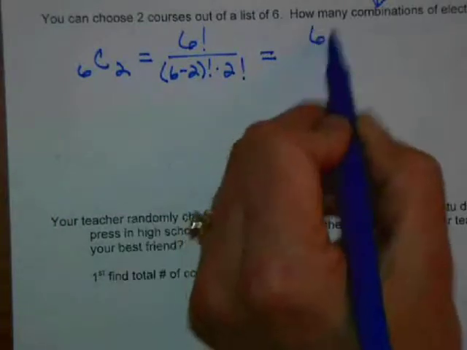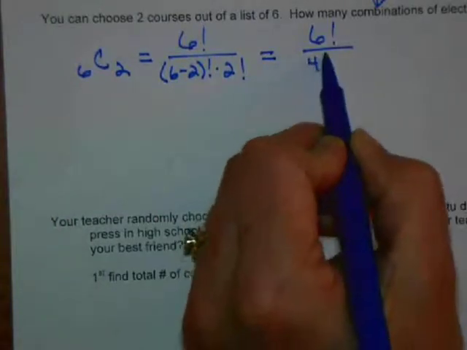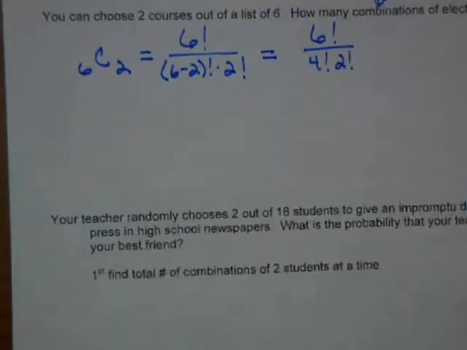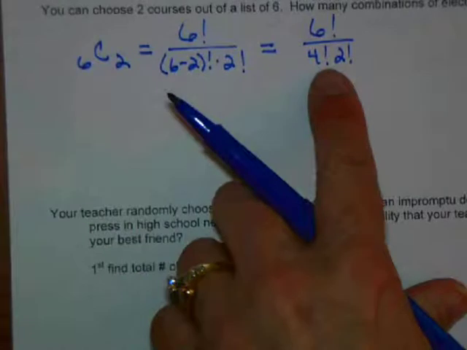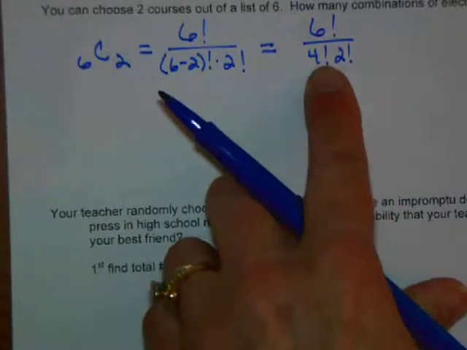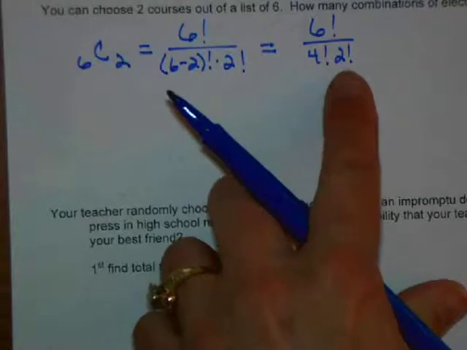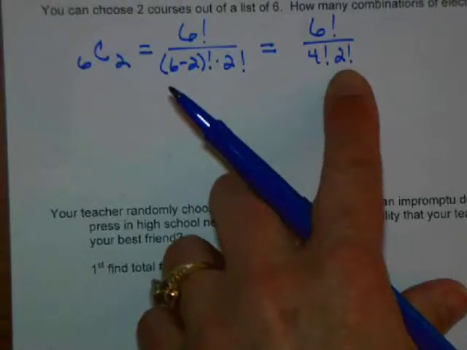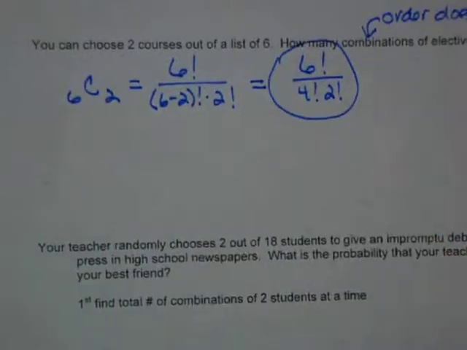Let's simplify this: 6 factorial over 4 factorial times 2 factorial. Please do not confuse the bottom as 6 factorial, because it's not. It's 4 times 3 times 2 times 1 times 2 times 1. Now, at this point, you can plug it in the calculator.